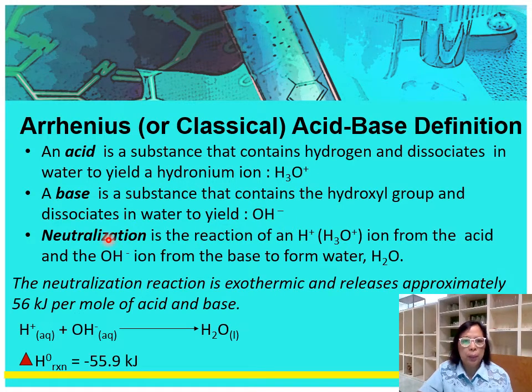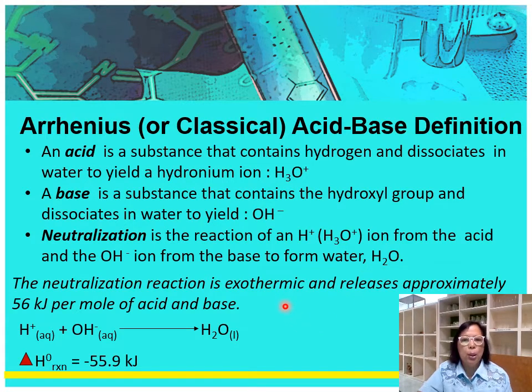So then therefore, the reaction of acid and base is called neutralization. So the reaction of H plus ion from the acid and the OH ion from the base forms water to make it neutral.